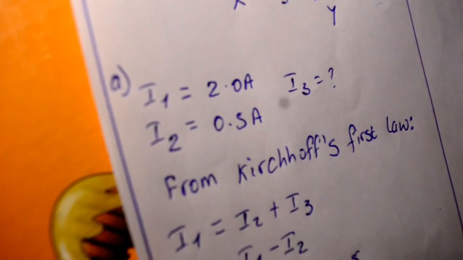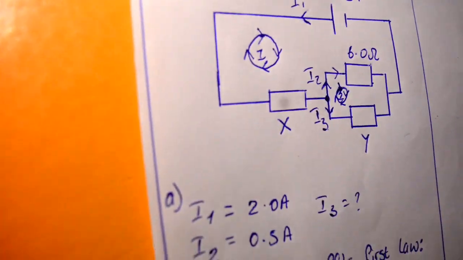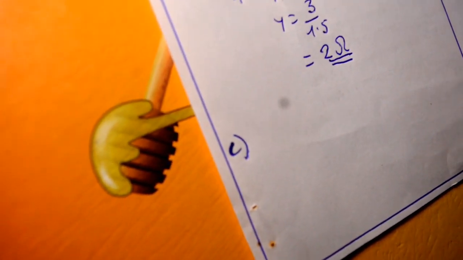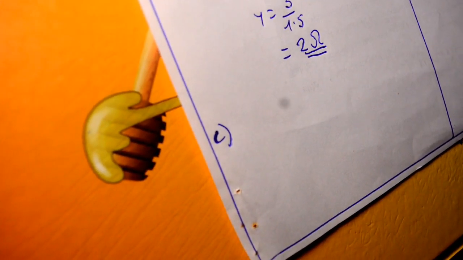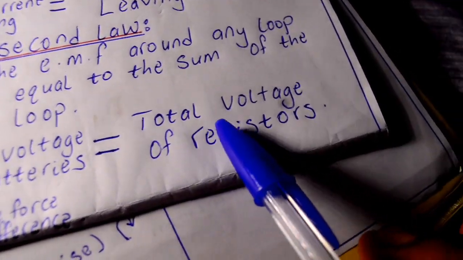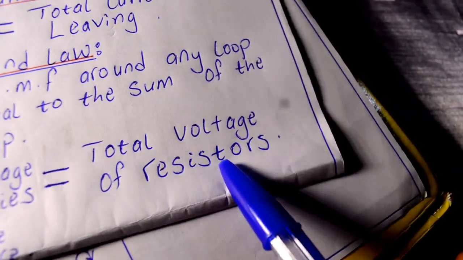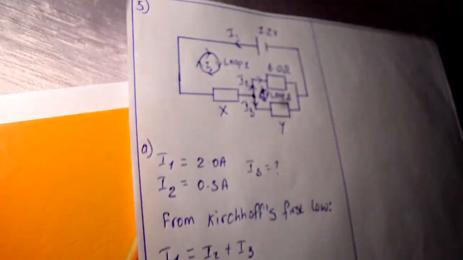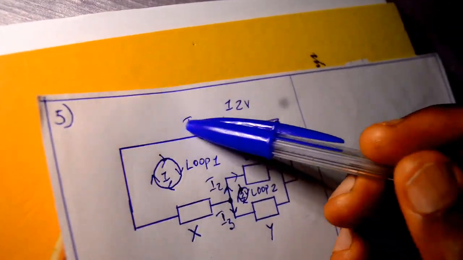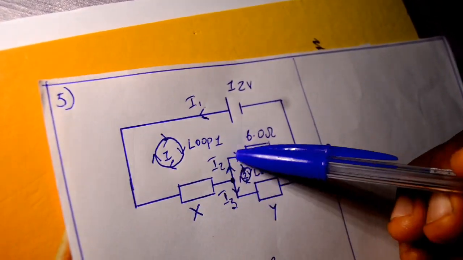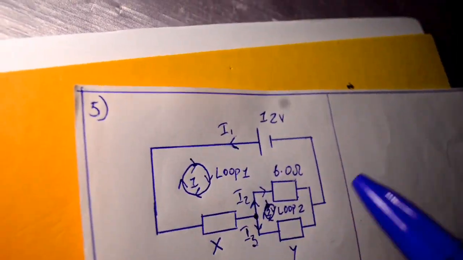The C part says the resistance of the resistor X. This is the resistor X here. So how do you do it? You apply Kirchhoff's second law again. The total voltage of the batteries is equal to the total voltage of the resistors. So how do you get the total voltage of the batteries? There's only one battery in this loop, which is 12.